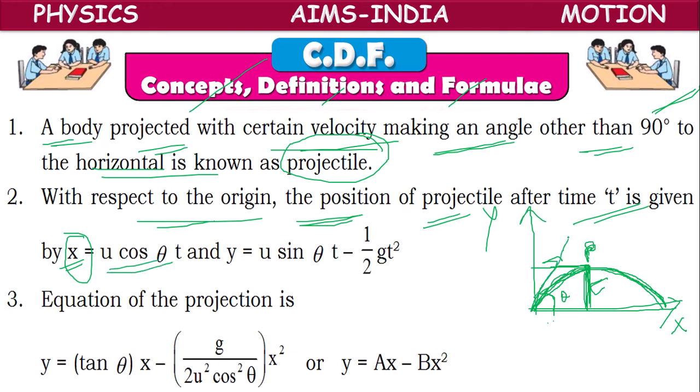If the velocity is u, it is resolved into two components: u cos theta along the horizontal direction and u sin theta along the vertical direction.